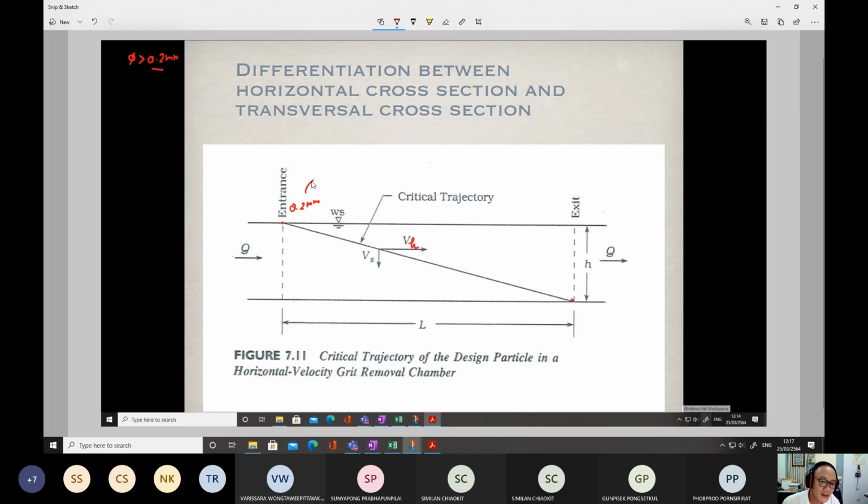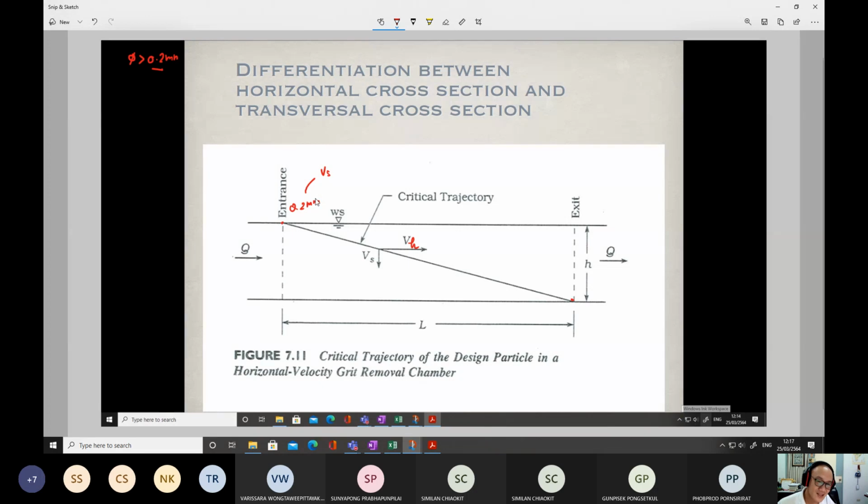That is why I'd like to ask you to determine the settling velocities of this particle. Suppose the density is 2,650 kilograms per cubic meter. You can find out the settling velocities.